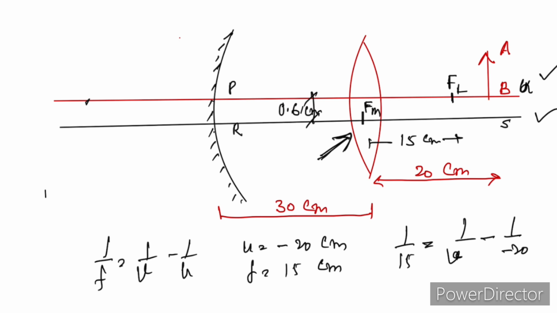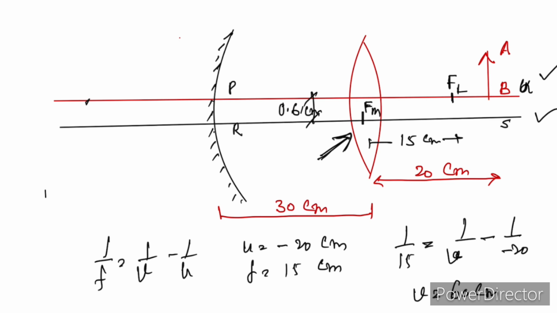V is going to come 60 centimeter. Now, the image formed by the lens is at 60 centimeter, and that too plus. That means it will be on the right side of the lens.